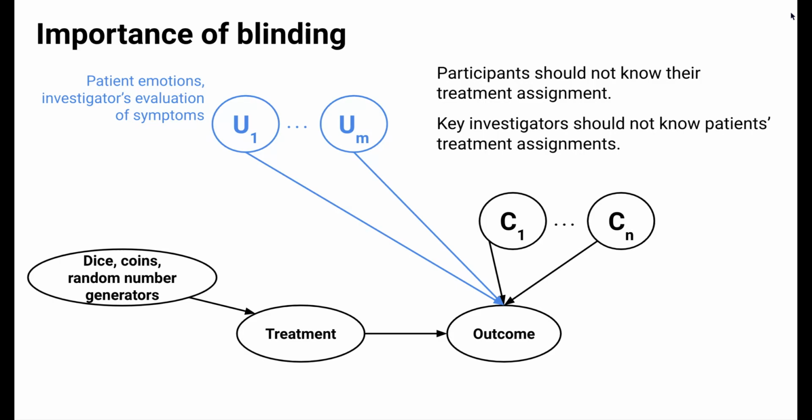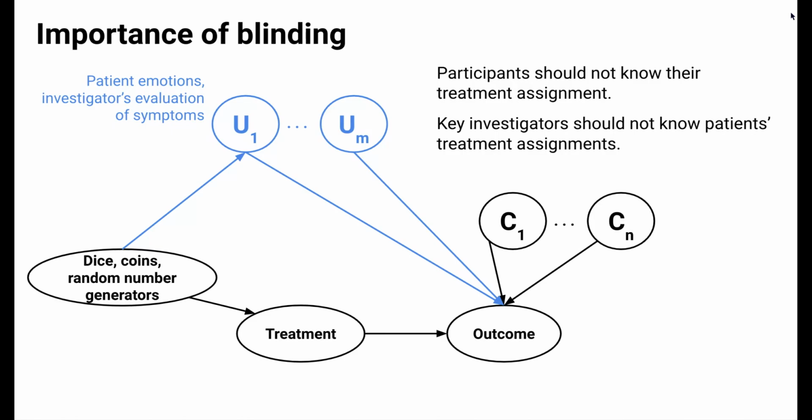From the investigator's standpoint, if an investigator knows that a patient was treated, received the real drug, they might unconsciously view symptoms as being less severe and thus report a better outcome for that patient. Or if they knew the patient was given a placebo, they might unconsciously view symptoms as more severe and report a worse outcome.